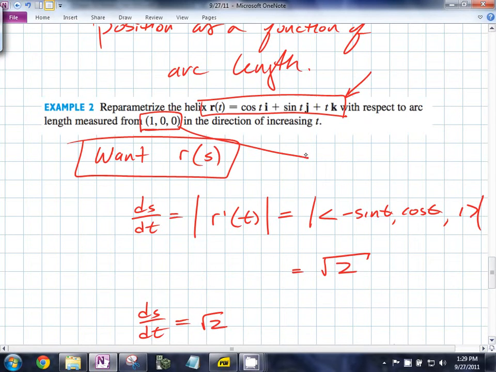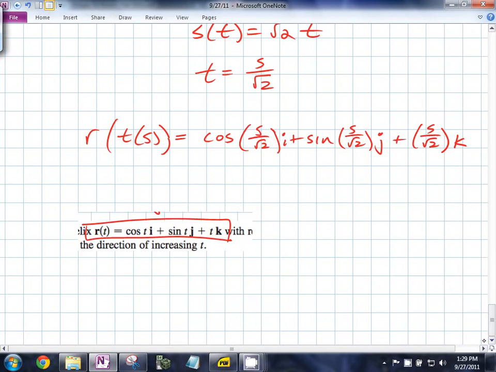Time is equal to 0, right? So S is the arc length from time equals 0. If you're starting at 1, 0, 0, time 0, and you go 3 units, we can find out exactly where we are by plugging it directly into this equation. We good so far? Your brain melted a little bit?